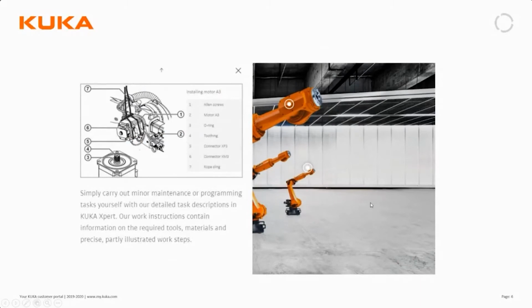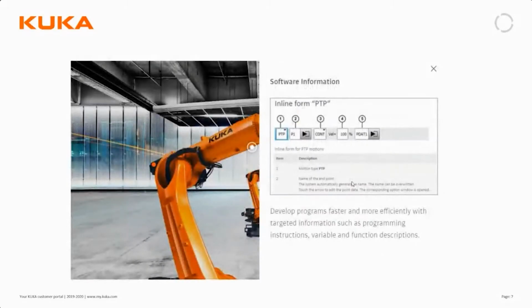You could also get work instructions or assembly instructions directly from KUKA Xpert. Or even some software information or programming examples, programming instructions that you could use in your own project.